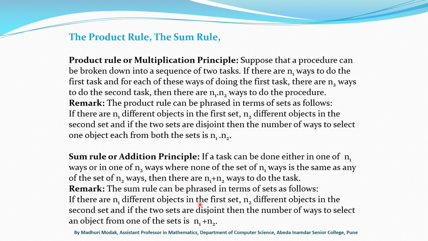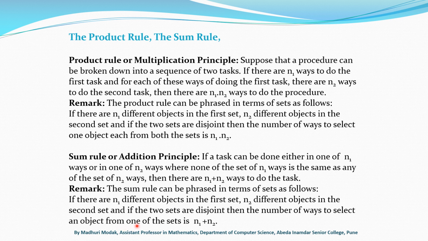Now another way of saying the sum rule or addition principle is if there are n1 different objects in the first set, n2 different objects in the second set, and if the two sets are disjoint, then the number of ways to select an object from one of the sets, means either from first or from second, is n1 plus n2.